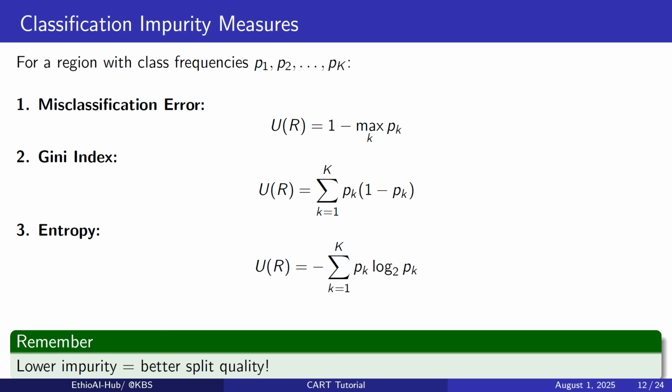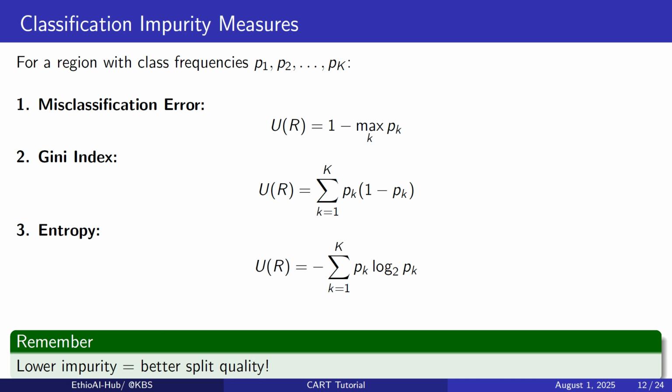It is calculated by 1 minus the maximum proportion of a class K. The maximum is the males, so you calculate 100 over 120, get the proportion of K, and subtract it from one. So we have the misclassification error, the proportion we misclassify.